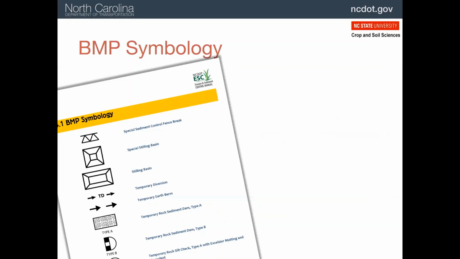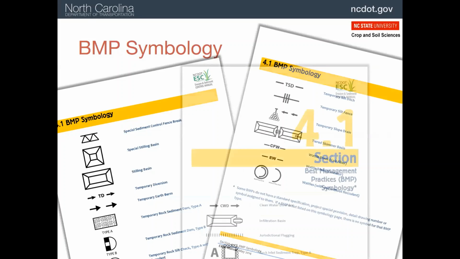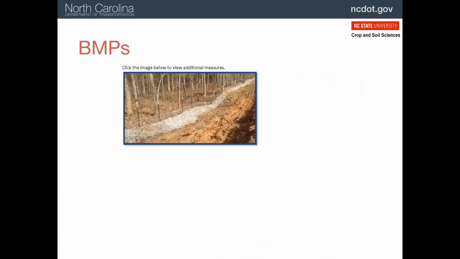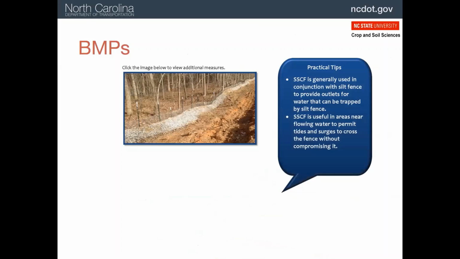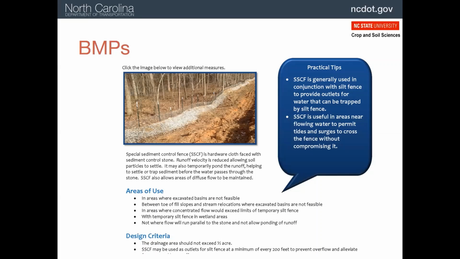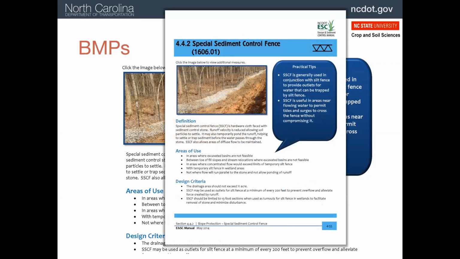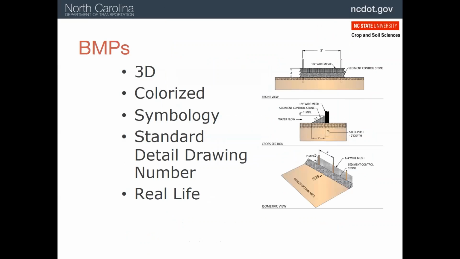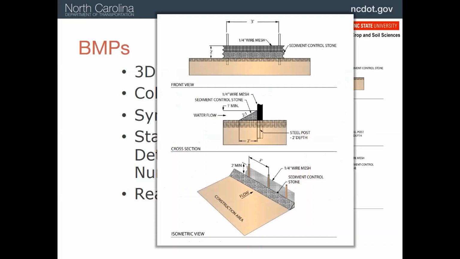The erosion and sediment control manual is all online, and all the pictures that you've seen should look familiar. They're right out of this section. Lots of good information about where these practices need to go, practices that you need to follow, as well as problems that may come up.